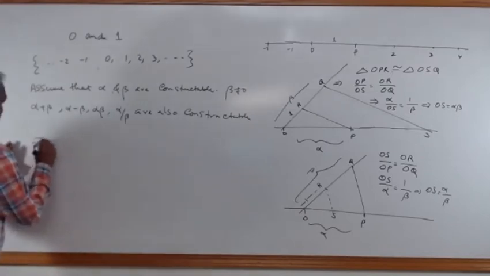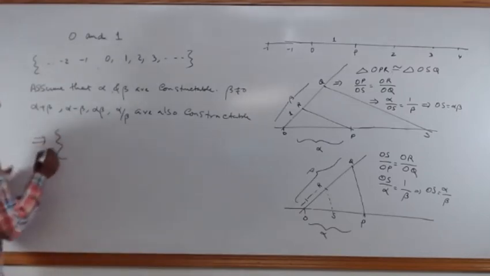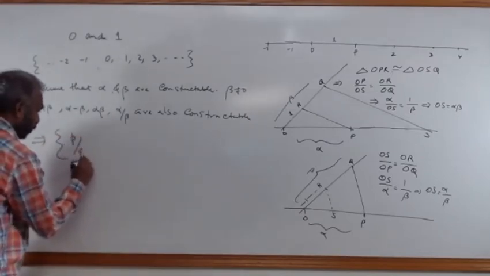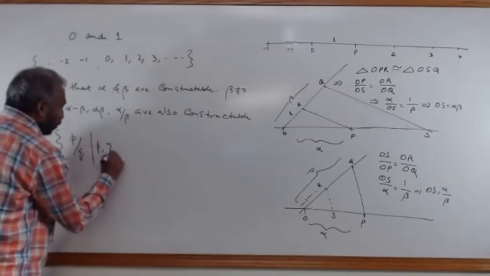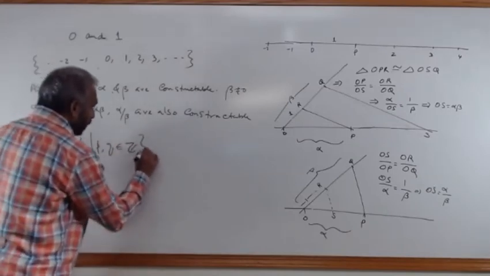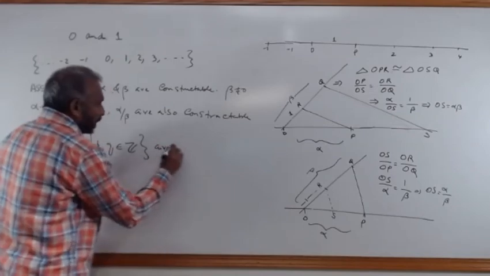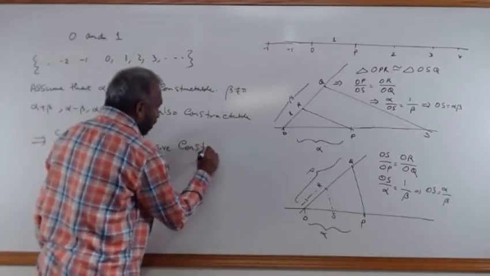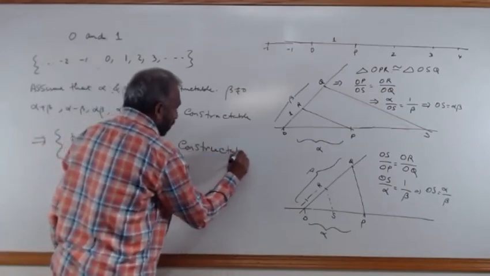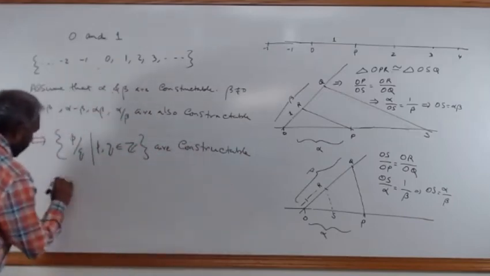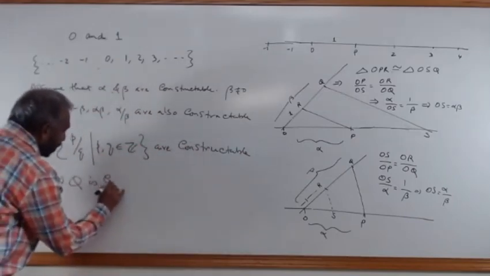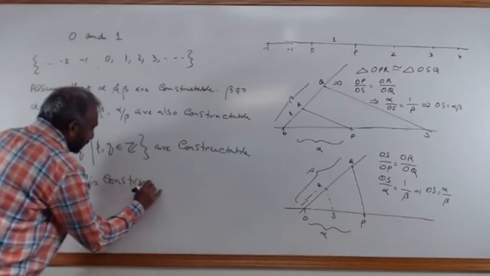So this implies any element of the form P by Q, P and Q belong to Z, are constructible. That implies Q is constructible.